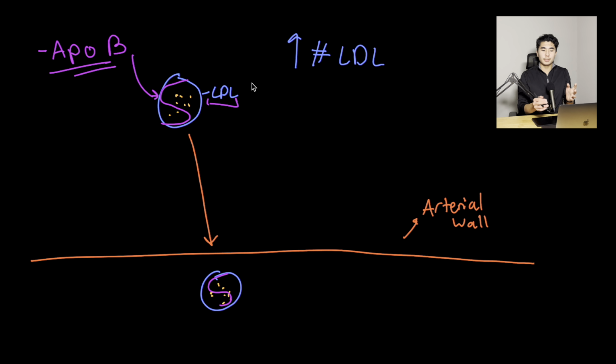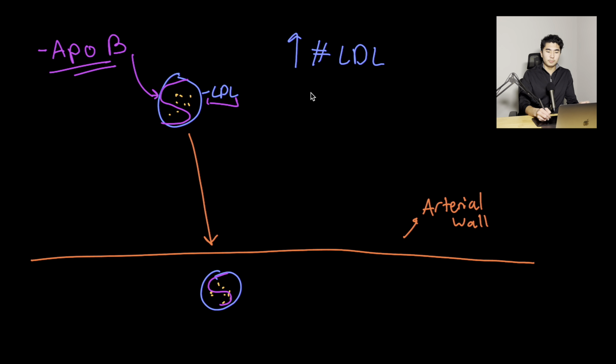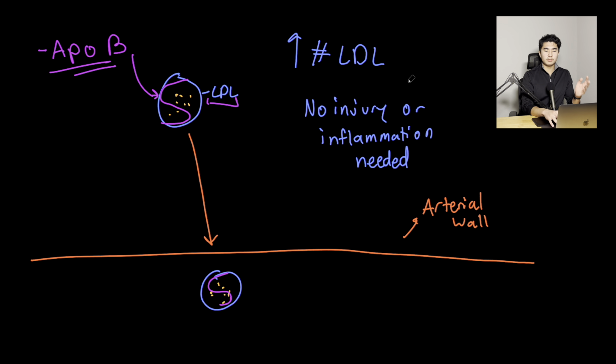And there's actually one thing that occurs, which is that there doesn't need to be inflammation or injury to occur. So these LDLs with the Apo-B protein can actually transcytose into the arterial wall. So there doesn't need to be any inflammation or injury to the arterial wall.